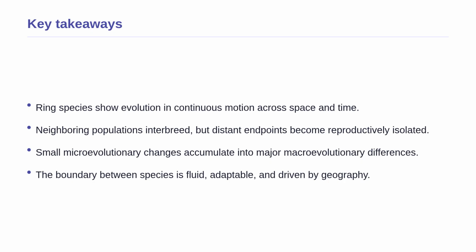Third, our mathematical models proved firsthand how small microevolutionary changes accumulate into major macroevolutionary differences. Ultimately, ring species remind us that life on Earth is fluid, adaptable, and constantly changing in response to the geography of our planet. You now have a solid understanding of this incredible evolutionary phenomenon.